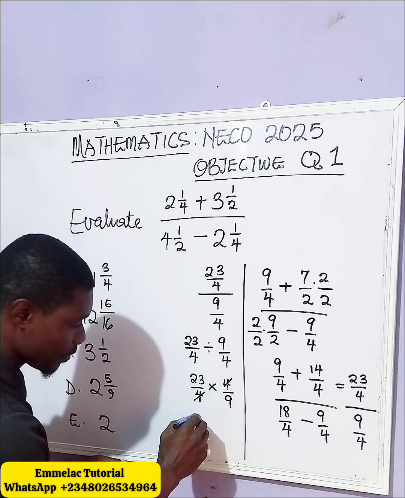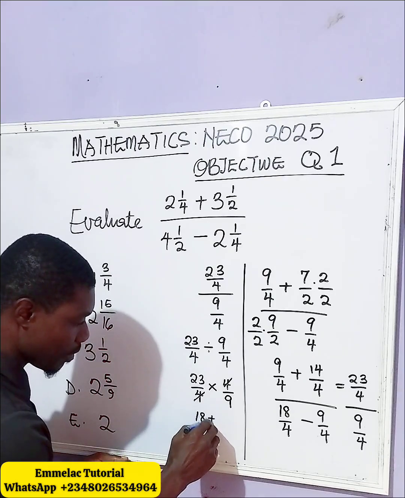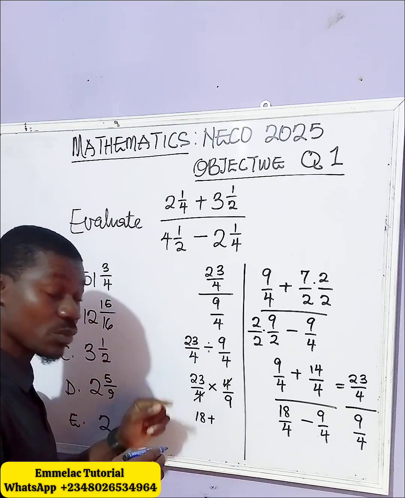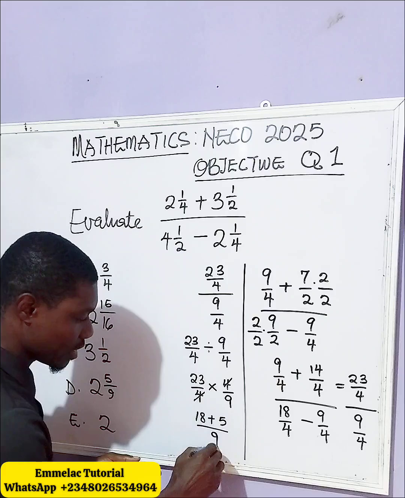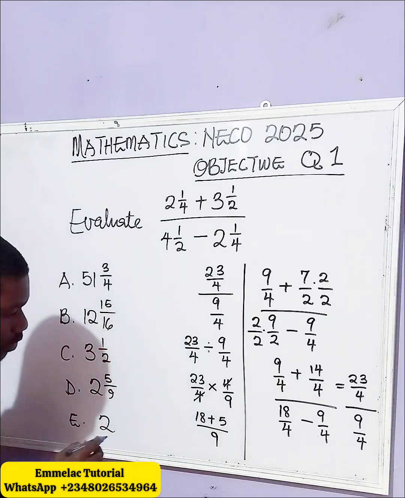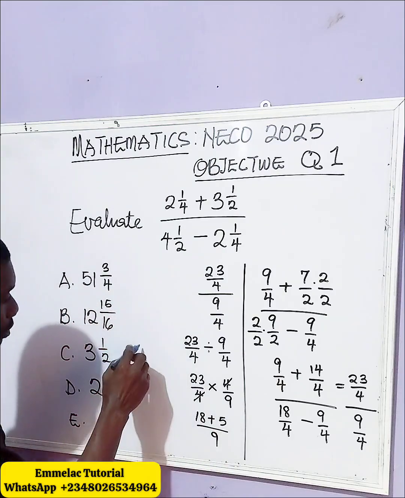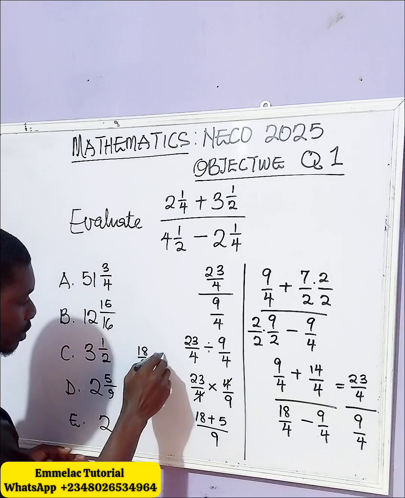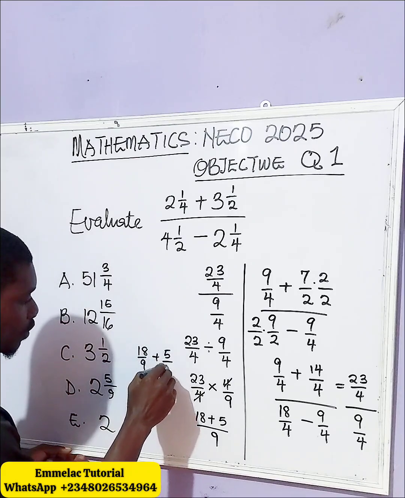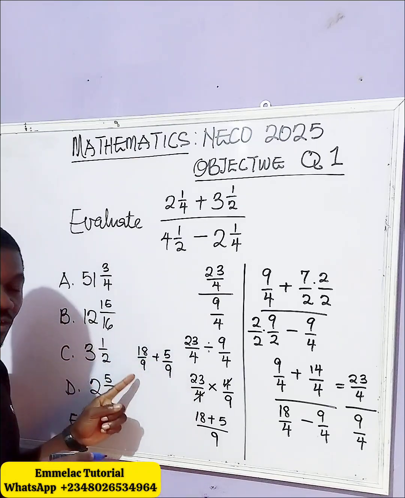So you will now have 18, plus deduct 18 from here, we have 5, then all over 9. So this will further break it down as 18 all over 9, then plus 5 all over 9. 18 divided by 9, that will be 2.